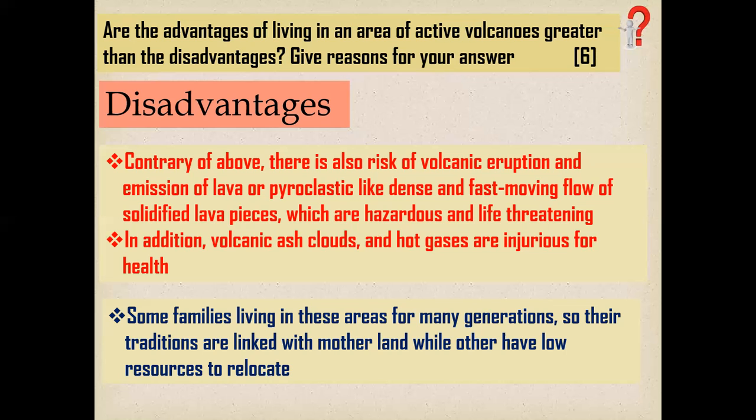Now we move to the peripheral argument. Some families have lived in these areas for many generations, so their traditions are linked with their motherland, while others have low resources to relocate. That will be the peripheral argument.